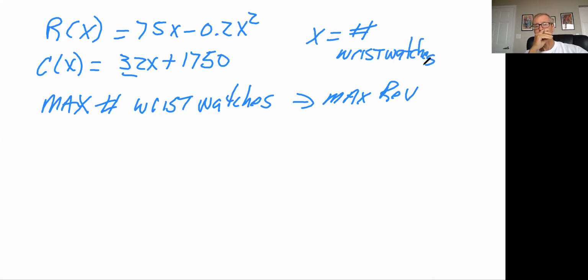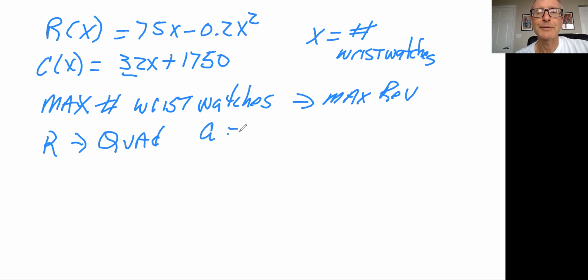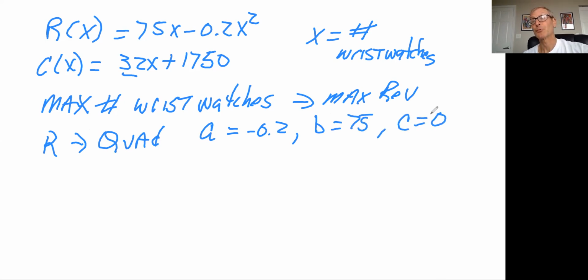So how do we do that? Well, what kind of equation do we have? Well, the R is a quadratic. So let's write out, we have the a value is minus 0.2. The b value is 75. And what's the c value? The c value here is 0. So what do we have?